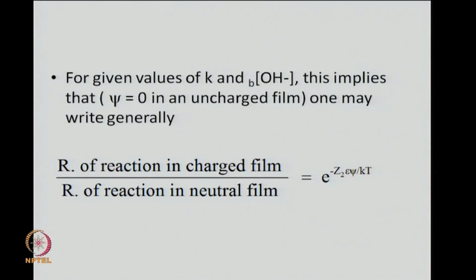For given values of the rate constant k and the bulk concentration of hydroxide ions, this implies that one may generally write the rate of reaction in the charged film divided by the rate of reaction in a neutral film as equal to exponential minus Z2 epsilon psi by kT.